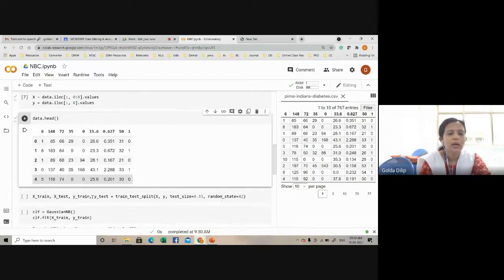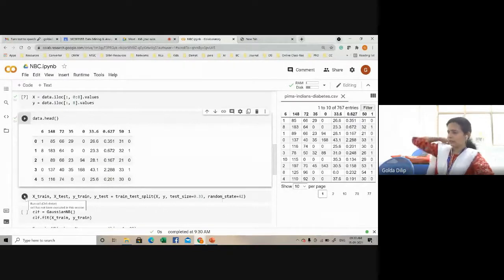After that, you split the data set into training and testing data, for training purpose and testing, that is for validation purpose. We are training our naive Bayesian classifier on the training data set, and getting predictions from the test data set.